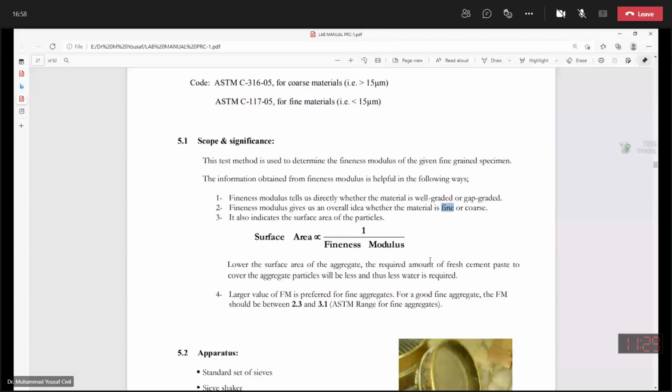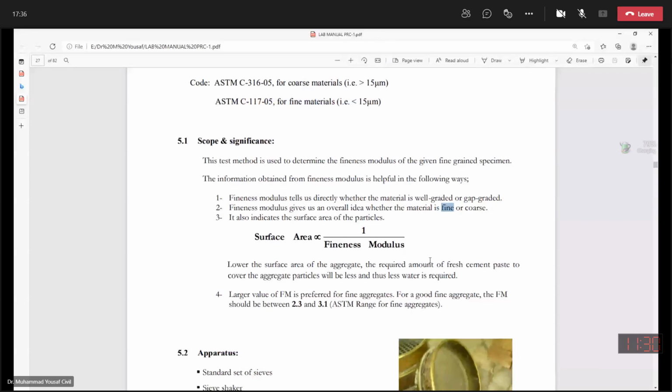It will certainly be more as compared to the parent stone from which these particles have been obtained. So if the material is fine, it will be more active, having more surface area. Similarly, if the material is coarse, it will have less surface area, and it will be less reactive.